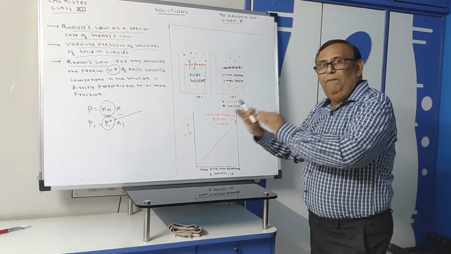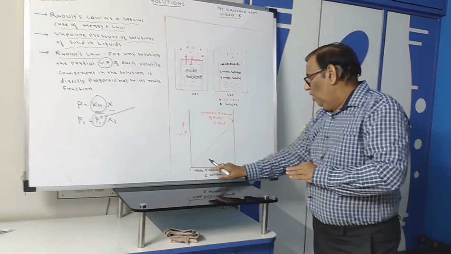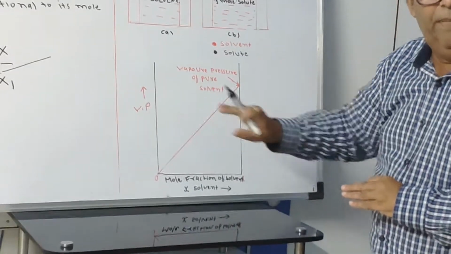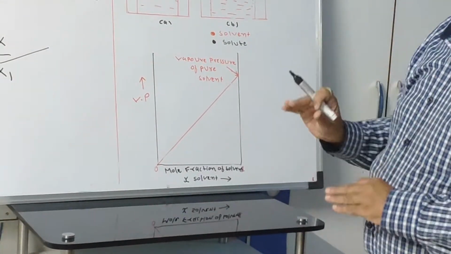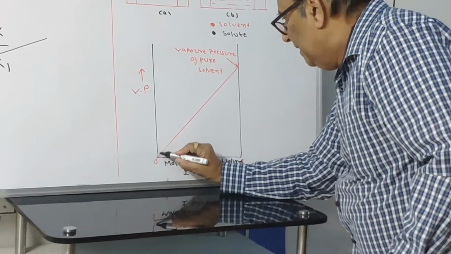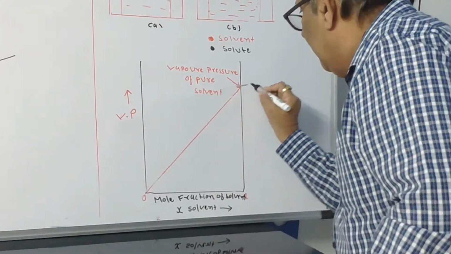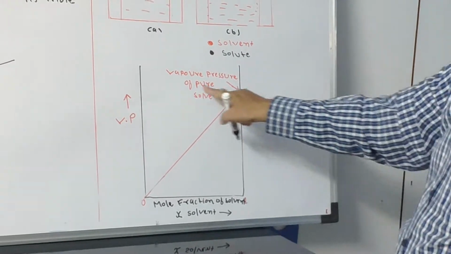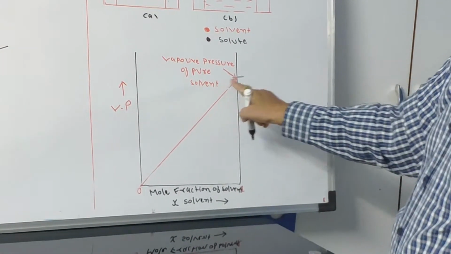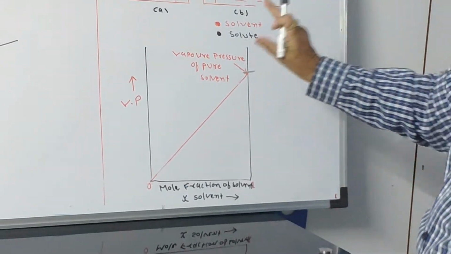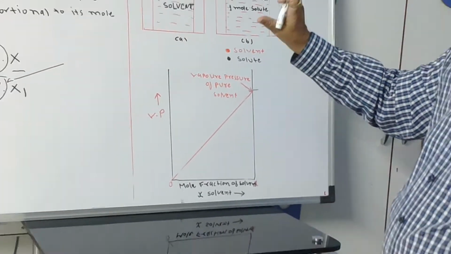Suppose we plot a graph of mole fraction of solvent versus vapor pressure. This is your straight line. What do you interpret here? It shows the vapor pressure of the pure solvent, this is your P1⁰. Clear? So this is about Raoult's law.